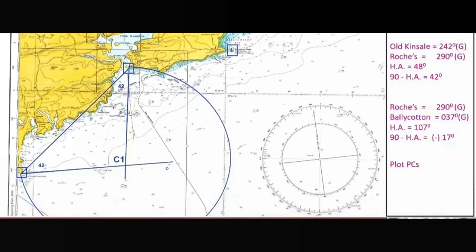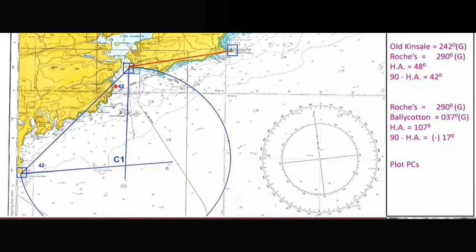Now let's draw the position circle between Roche's and Ballycotton pair. So we draw the baseline for Roche's and Ballycotton Island. Now, please see in this case also the ship is on the sea side. It cannot be on the land side. But here the horizontal angle is more than 90 degrees. In the previous case, horizontal angle was less than 90.